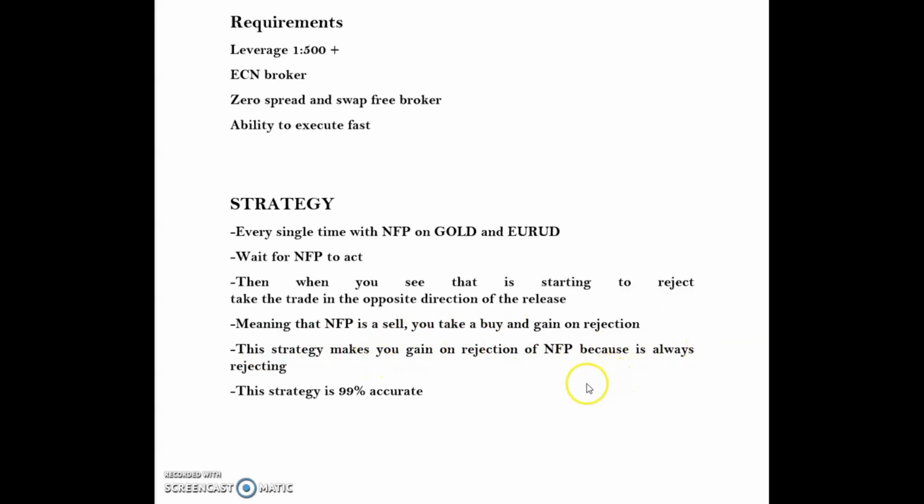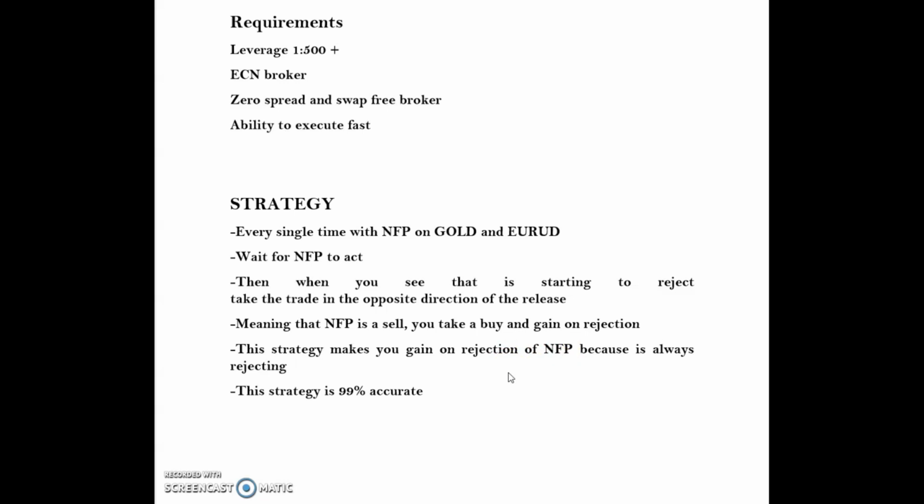So there is always a rejection in the market, because remember, this is almost abstract. That is, it happens in a few minutes. The market needs to correct. Remember, price has to be corrected.